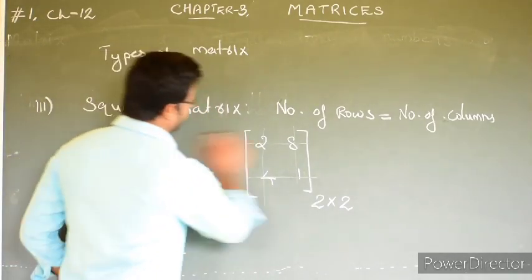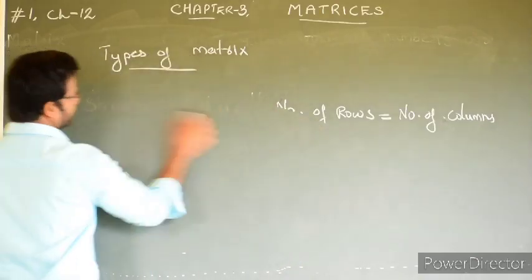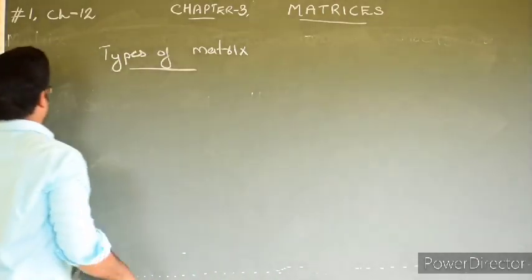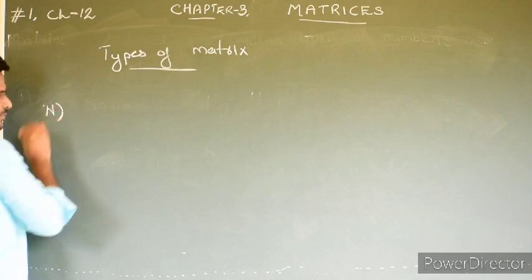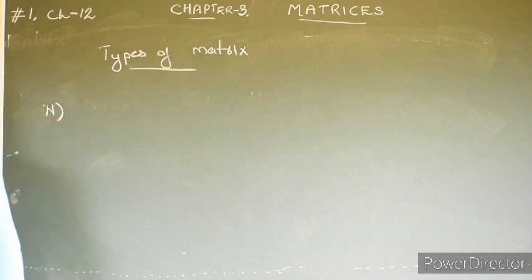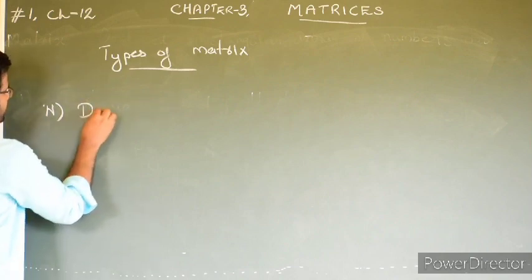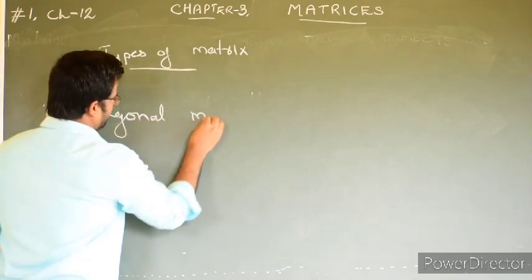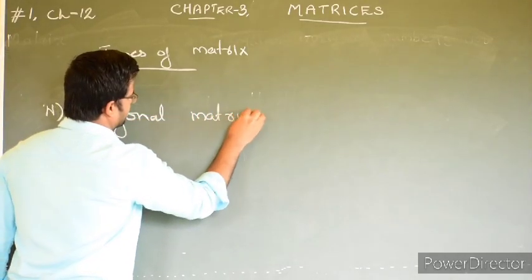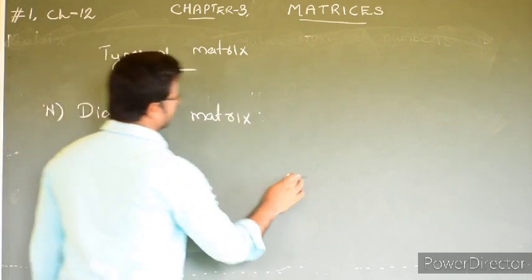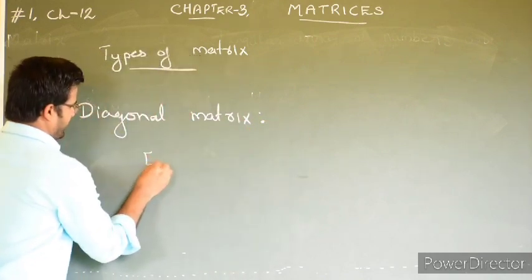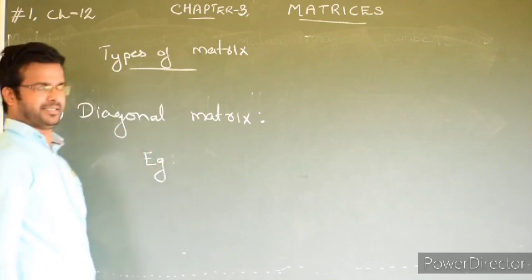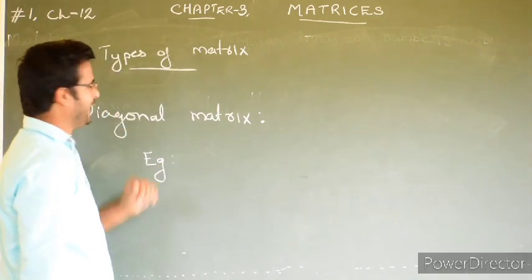Then type number 4, a diagonal matrix. We can see one example, and through that example we can study what a diagonal matrix is.